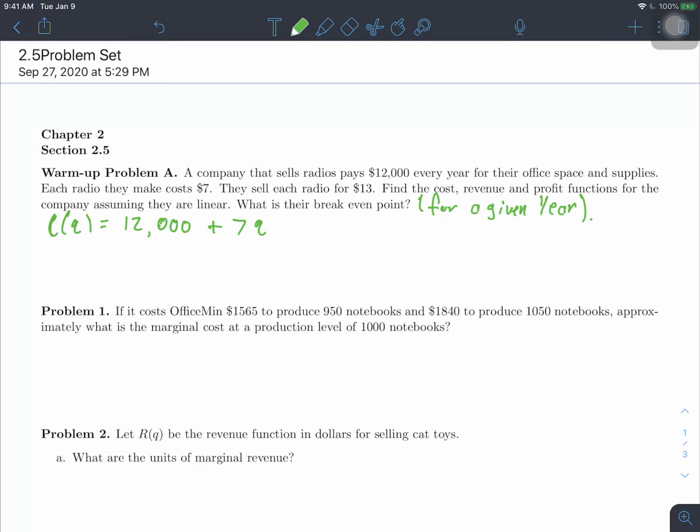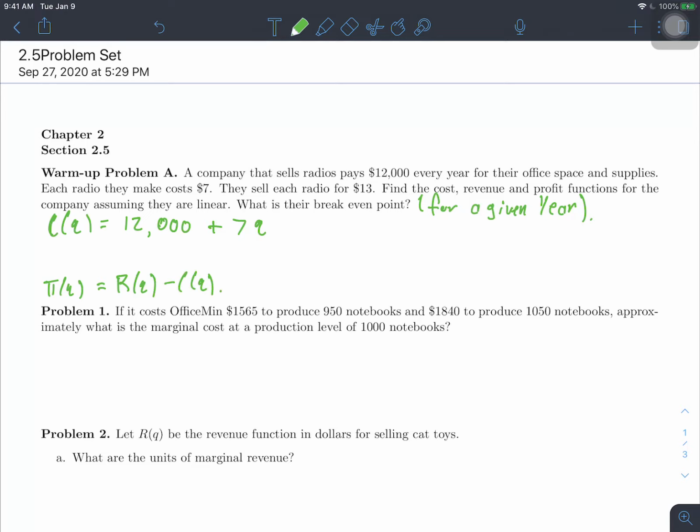Now, let me ask a more general question. Who can tell me what the difference is between revenue and profit? Yeah, Sam? Profit is revenue minus cost. Exactly. Profit is going to be pi of Q, equal to our revenue minus our cost.